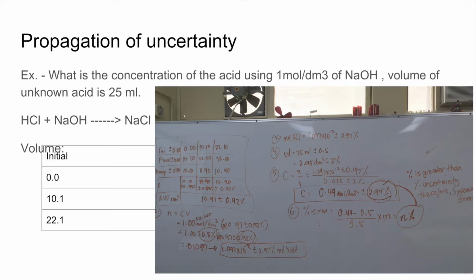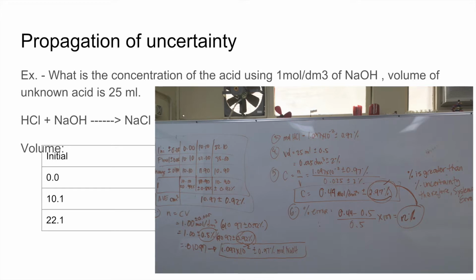Let's see. If the percent error is greater than the uncertainty, it is, right? There's something wrong with your procedure. I know that's too small. But if I get the percent error, this number is too far from the actual value.